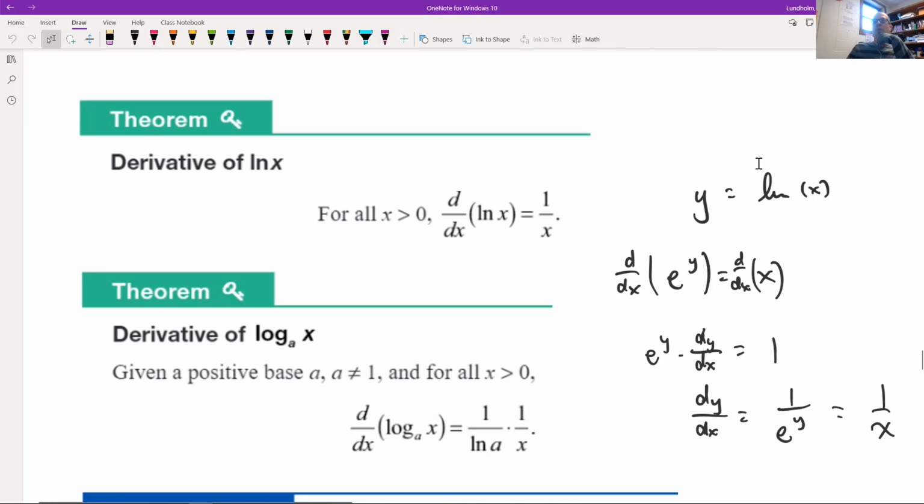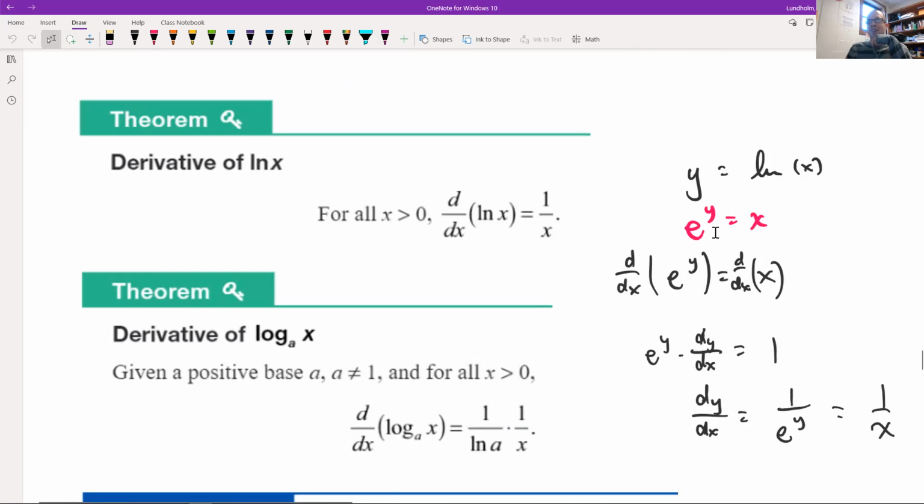One of the ways to look at our function that we would like to take the derivative of would be y equals ln of x. But equivalently, which I might write in here, this would be e to the y is equal to x if we raise both sides of that equation with e as a base.